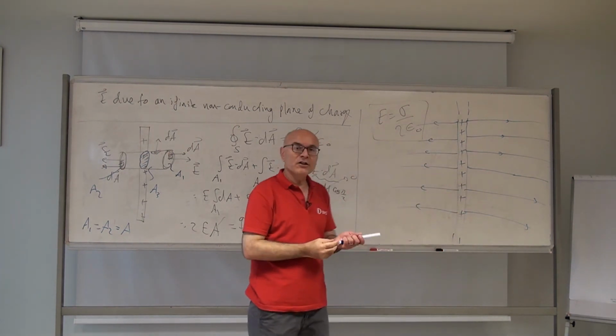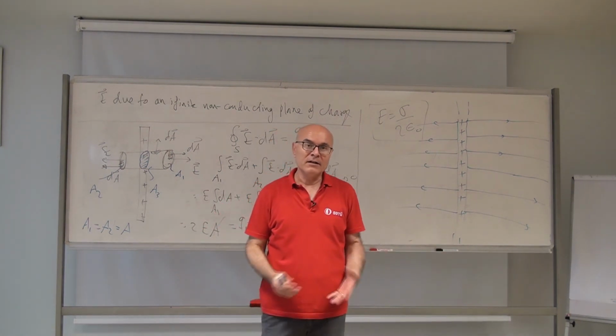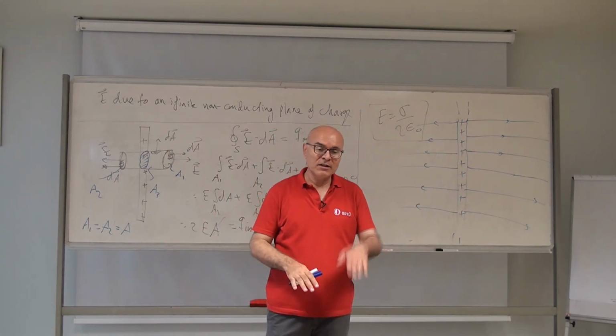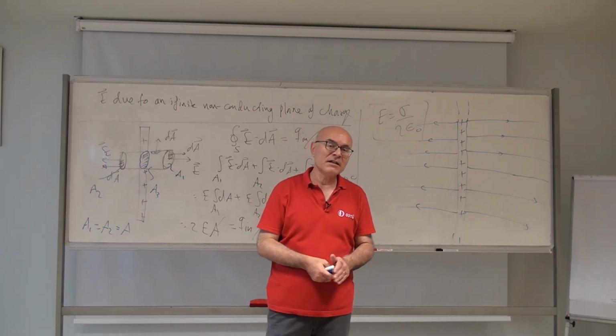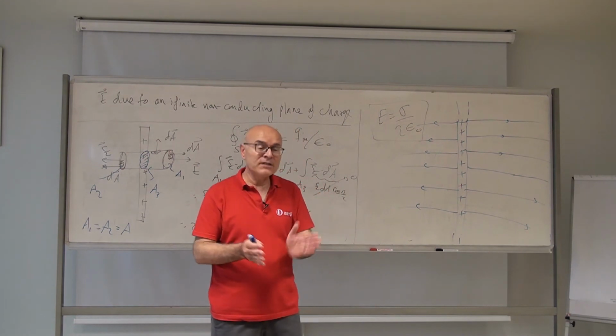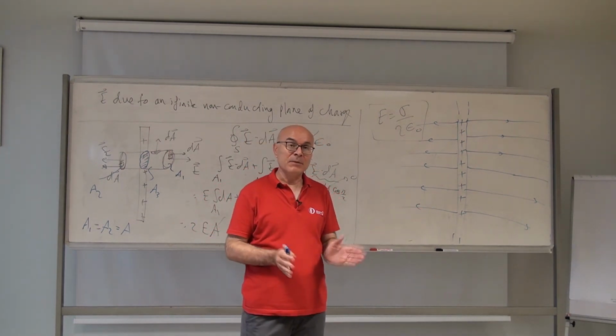So one way of generating a uniform electric field is to have an infinite non-conducting plane of charge. In this case, on both sides of the plane, you will have a uniform electric field directed, for positive charge, away from the plane and perpendicular to it.